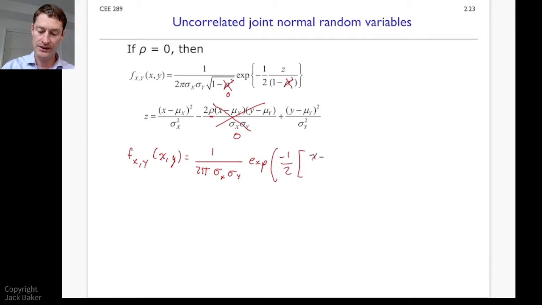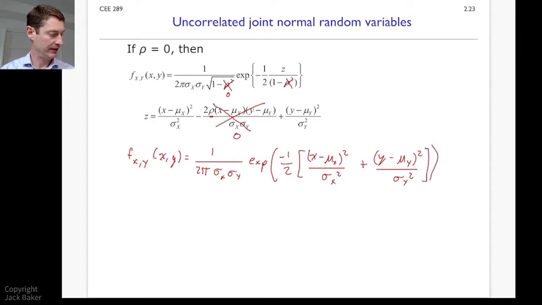So I've got x minus the mean of x, we'll square that, and I'll divide by sigma x squared. And then the middle term's gone. I've got y minus the mean of y squared divided by sigma y squared. And I think that's all that's left.